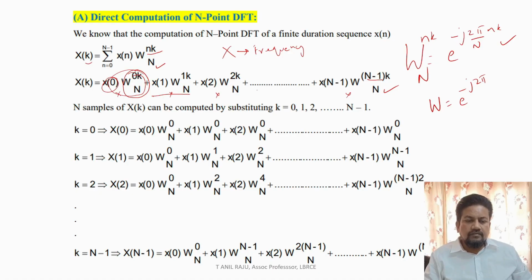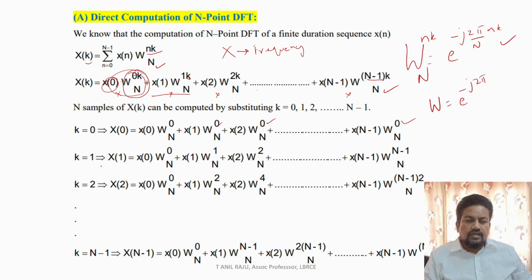For example, if we further expand for k equal to 0 by substituting in the above formula, we get this expansion. Earlier, if we place k equal to 0, it becomes 0. In the place of n, if you place 1 with k, that means k0, this is the term, and like that. Finally we get this one.